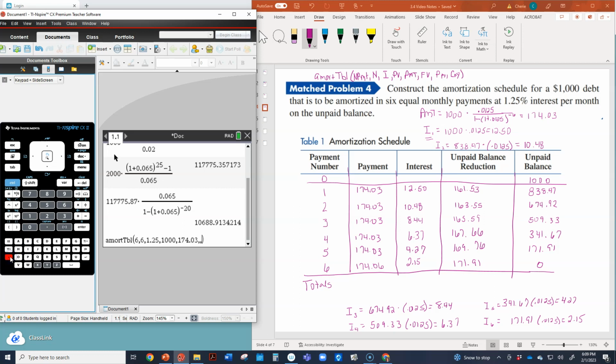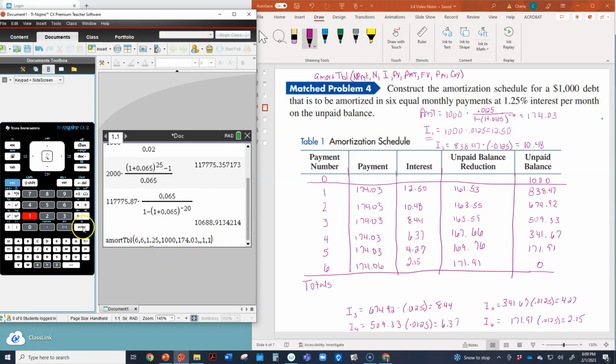I'm going to put another comma though. It's happening once per period, so I'm going to put 1, comma 1. It's compounded monthly, and I'm making payments monthly. So since I have six payments, it's doing it once for each of those.